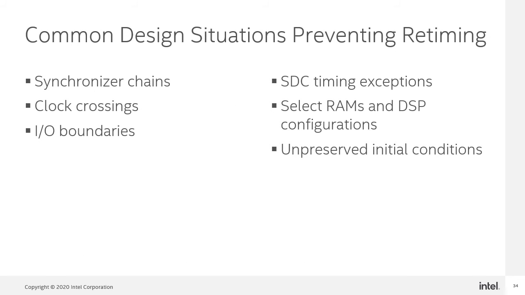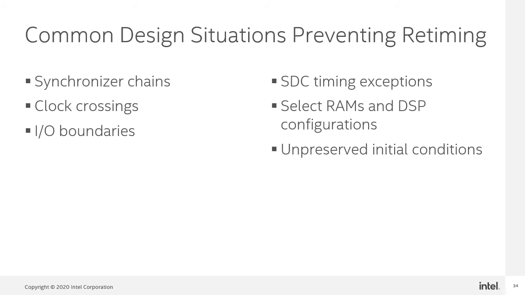Some other design situations that prevent retiming are listed on this slide. They include 1. Synchronizer circuits. The first registers into a new clock domain will not be retimed. 2. Clock crossings. The last register at an exit to a clock domain and the first register in a new clock domain will not retime. 3.